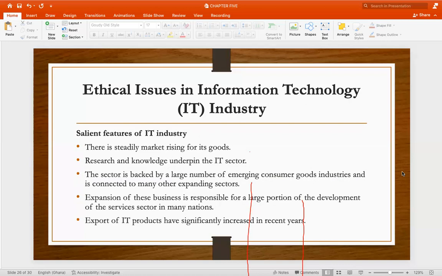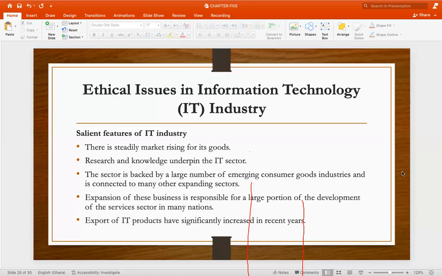So now we look at ethical issues in the information technology industry. Salient features of the IT industry. There is a steadily rising market for its goods. Research and knowledge underpin the IT sector.